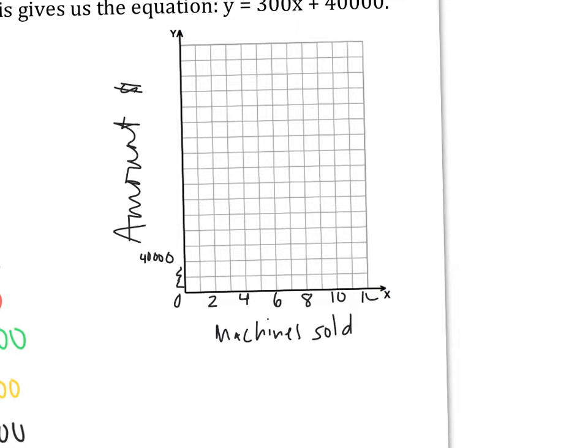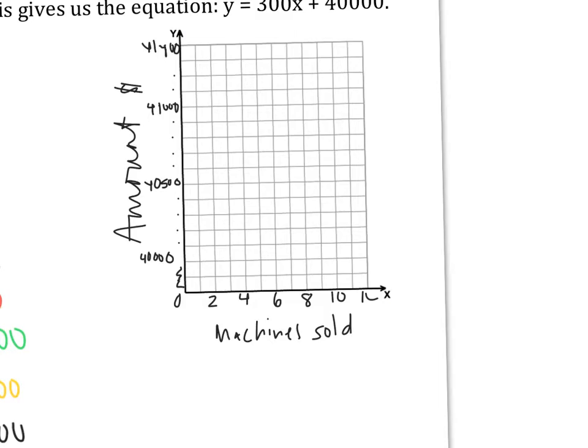So this will be 100, 200, 300, 400. This would be 40,500. And then 600, 700, 800, 900, 41,000. And then 100, 200, 300, 41,400. And now I'll go ahead and label the points in my graph.